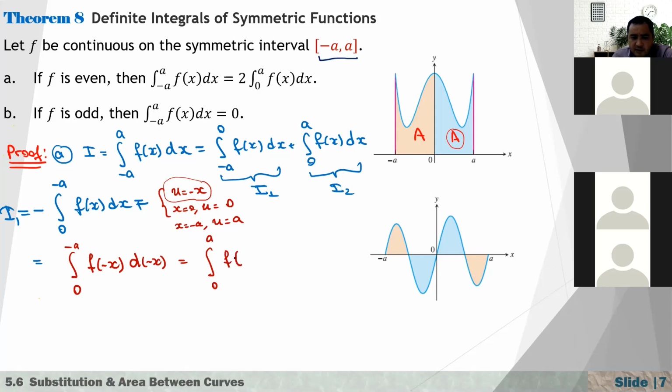And here we have f of u, and d of minus x is du. Now again it's just f of u du, right? It's just a variable; I can put anything here. So that's the same as the integral from 0 to a of f of x dx. That is the same as the second part of the integral, which gives 2 times the integral from 0 to a. In a similar way, when it is odd, the areas have the same numerical values but opposite signs. That's why they cancel each other if it is an odd function.